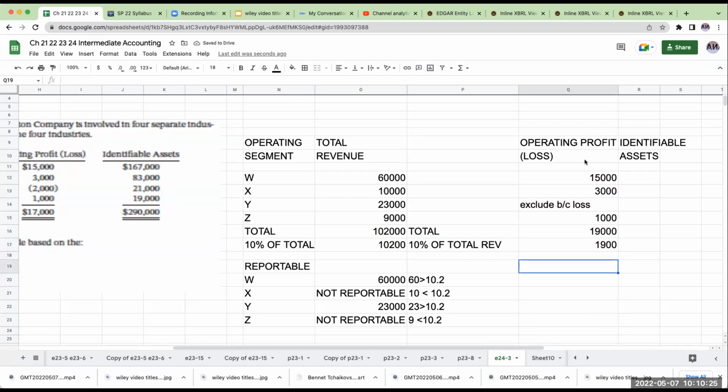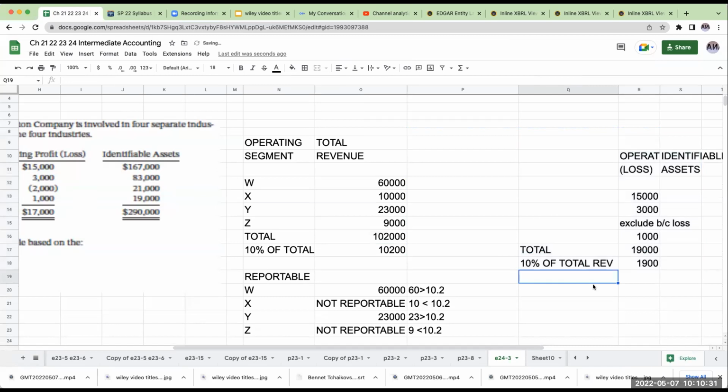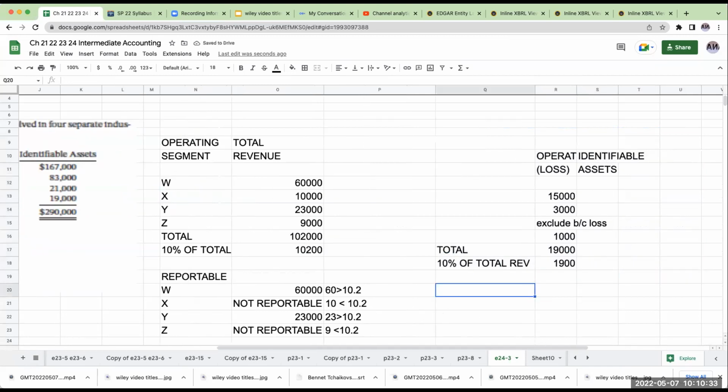Now, in terms of whether or not this is going to be a reportable segment, when we look at each one of these, let's go through and do the absolute obvious. So W, X, and Z. Z is not going to be reportable because 1,000 is less than the 1.9 threshold.